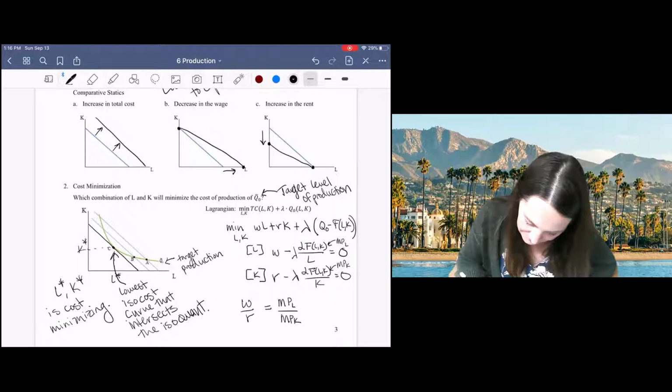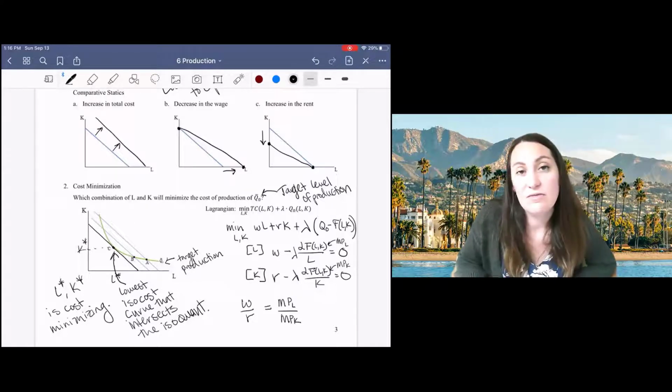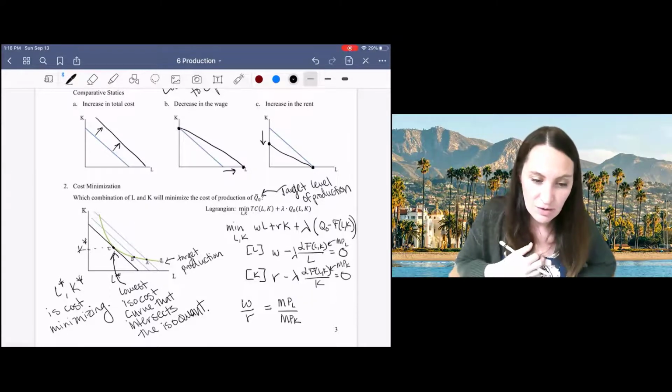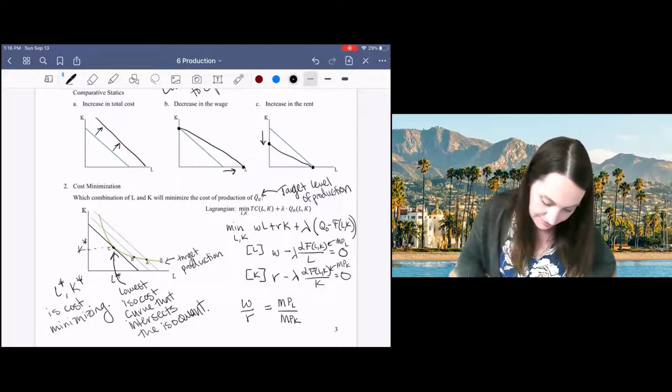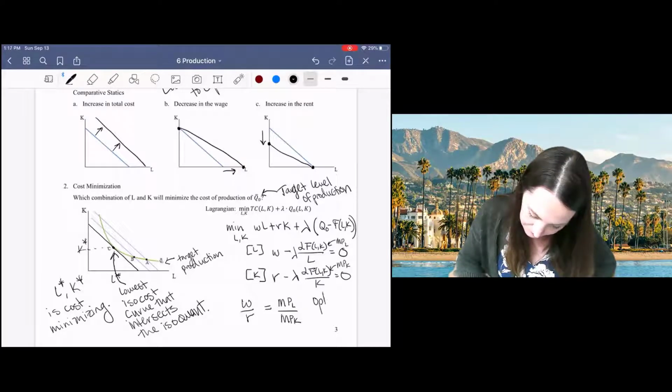And this gives me the optimality condition for my cost minimization problem, or in other words, this will yield the optimal capital labor ratio.